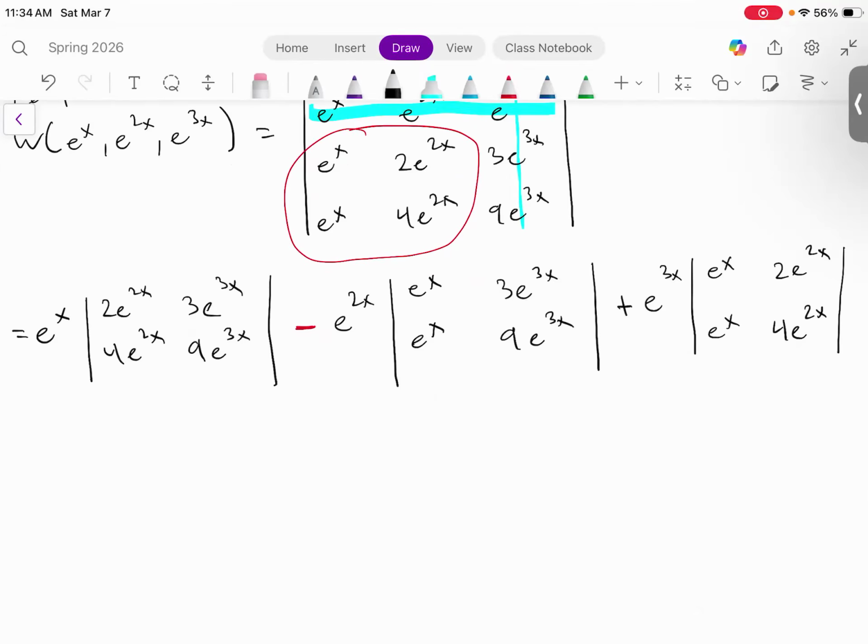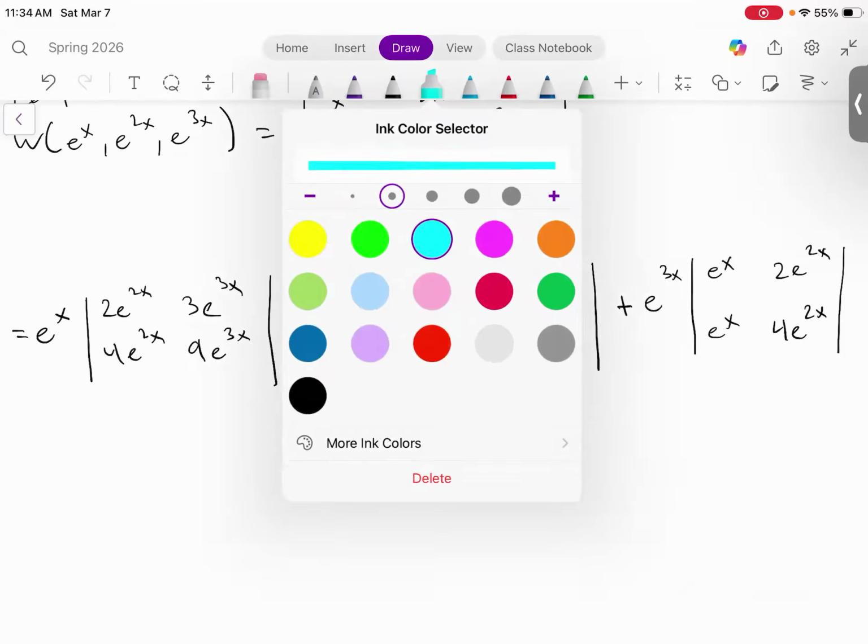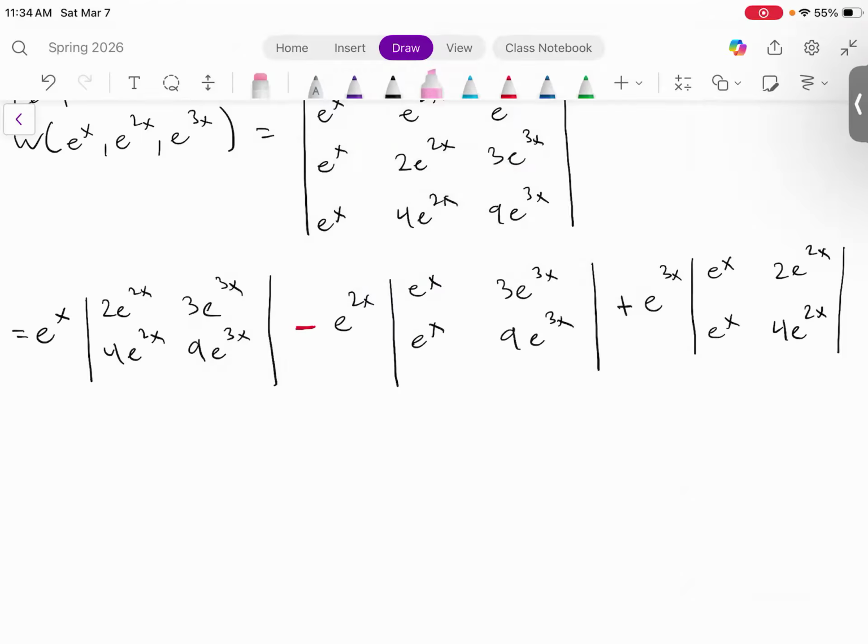We just now have three determinants to take care of, but we just treat them as we normally would. Let me erase some of these highlights. We would just treat it as we normally would by cross multiplying. We just have a lot more terms to take care of.